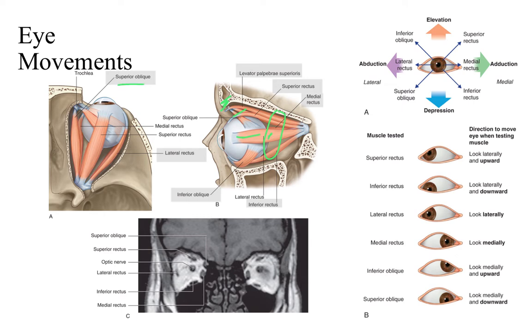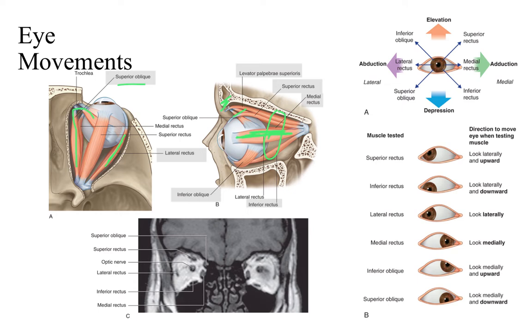We have the superior oblique, which we've talked about right here, that's going through the trochlea, which would be supplied by the trochlear nerve, which is cranial nerve 4. We also have the lateral rectus right here, which is controlled by cranial nerve 6, the abducens nerve.